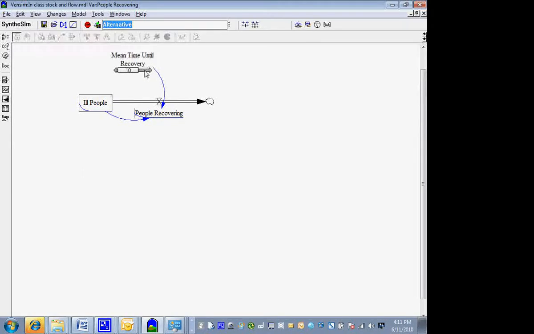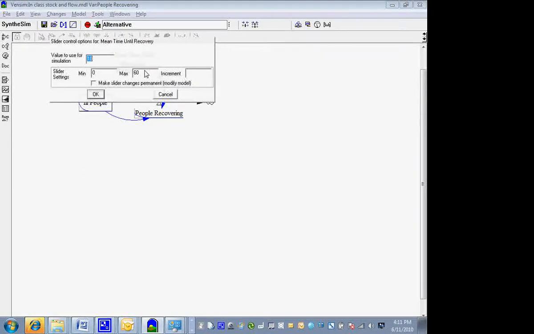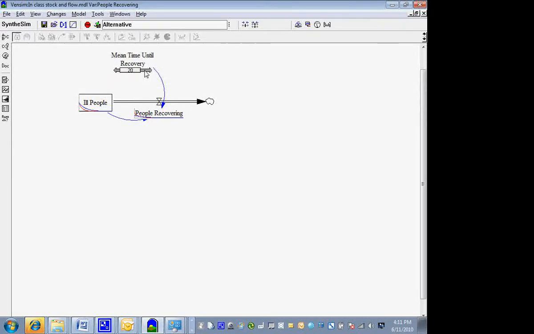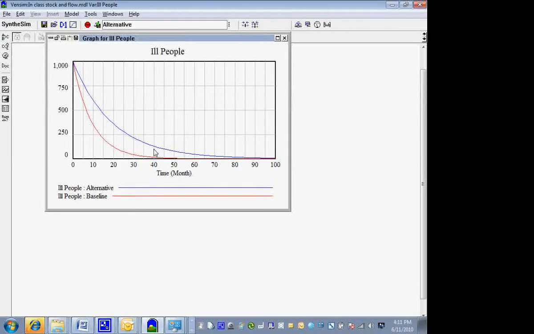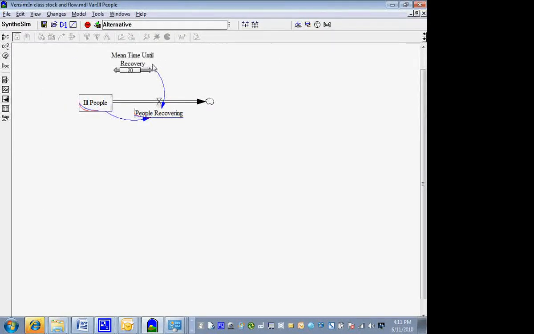Suppose I want to change the mean time to recovery to be 20. How does that change the number of ill people? I can just press it, and now I can hover over this and see the number of ill people. The first time it came down in the red line. It says baseline, and this is comparing that with the alternative where I had the mean time to recovery of 20.